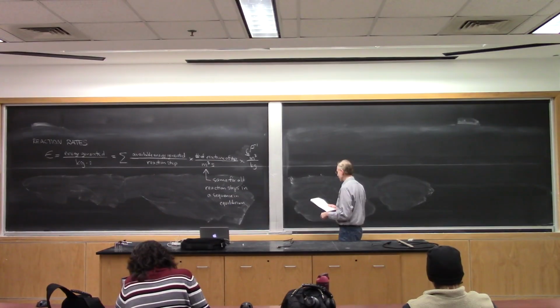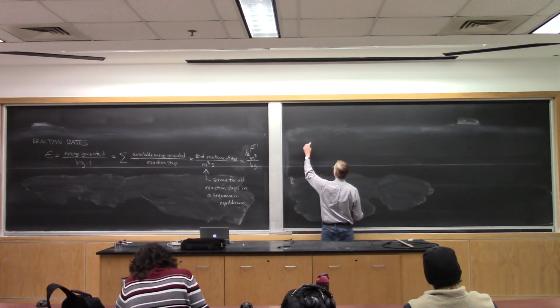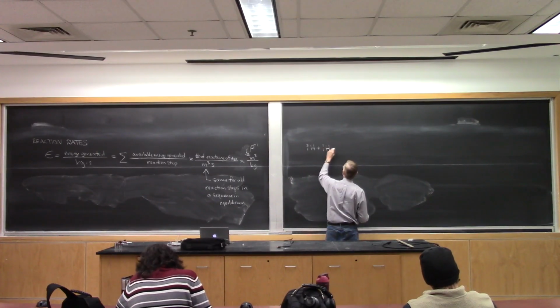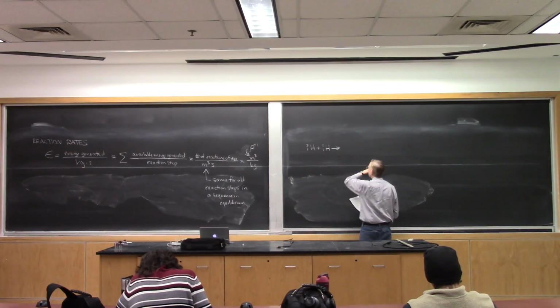So the example we gave is that, remember that in the proton-proton chain, we have a step where a deuterium nucleus and a proton collide, and that produces a helium-3 nucleus.